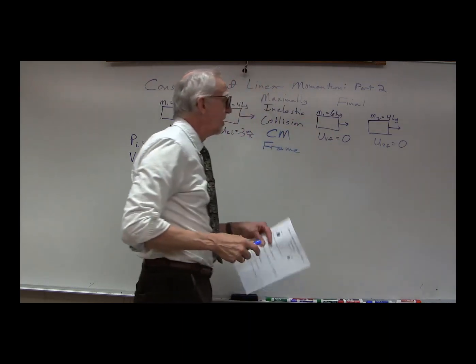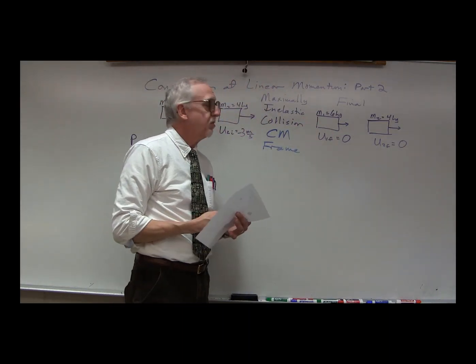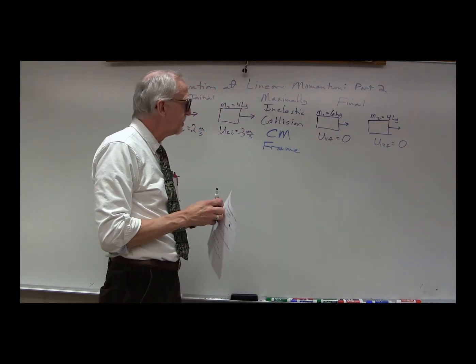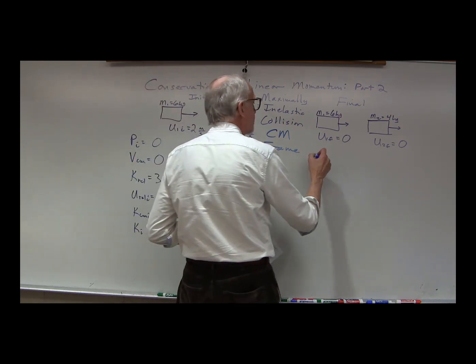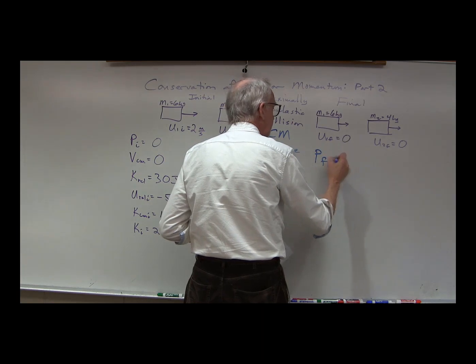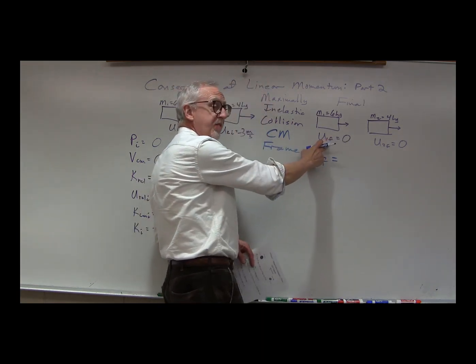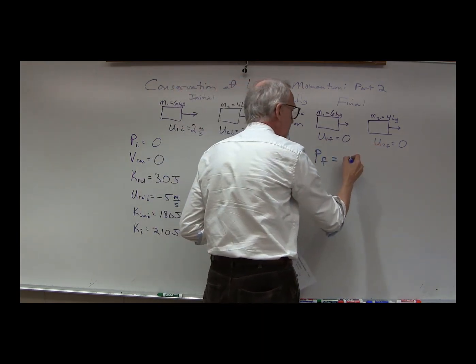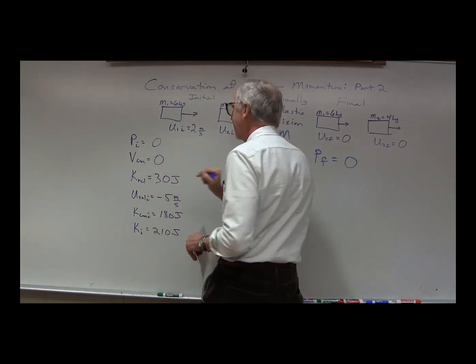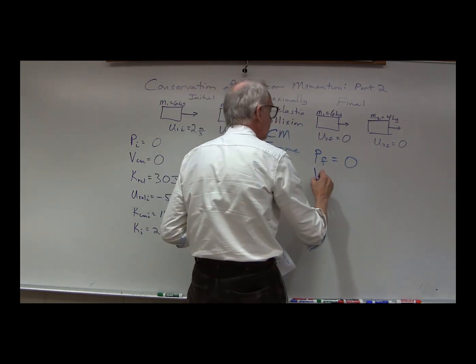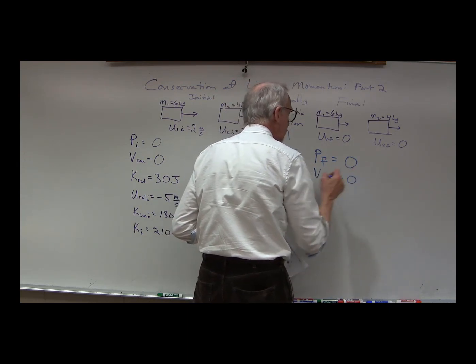Now, for the final situation. Final situation for maximally inelastic collision in the center of mass frame. What do we have for the total final momentum? Well, we've got a velocity of 0 and a velocity of 0, so that's going to give us 0. That's not a surprise because we expect it to equal the velocity of the center of mass, again, 0.